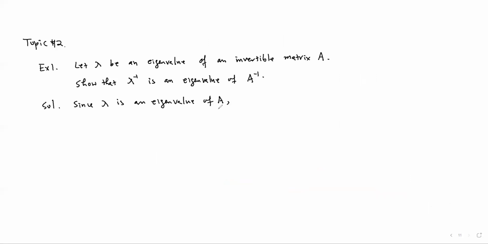Since lambda is an eigenvalue, there is a non-zero vector v such that A times v is equal to lambda times v.